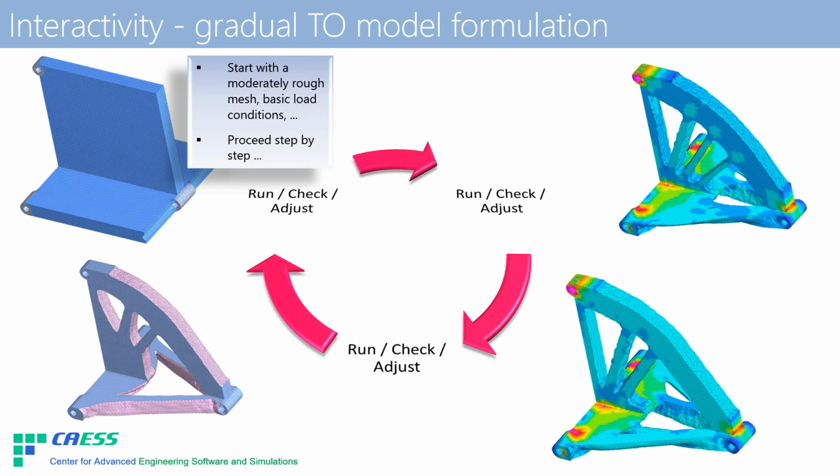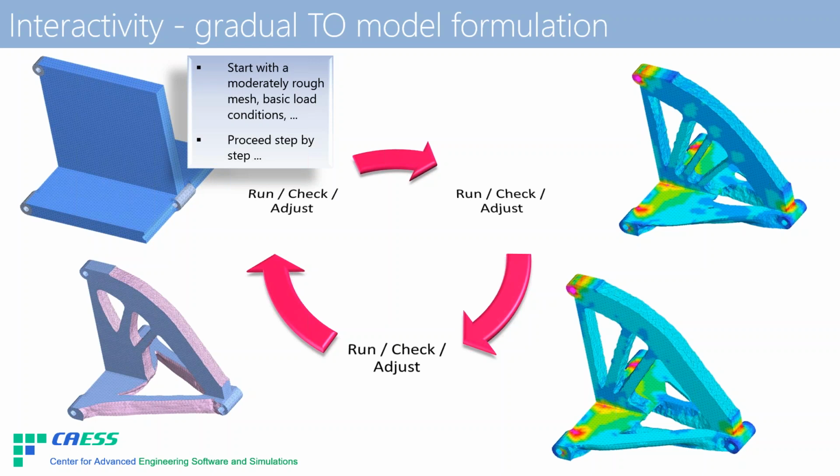Now, unfortunately, a lot of topology optimizers are built in a way that you have to assemble all the objectives, requirements, constraints into one basket, and then you run some black box program, and then you just have to wait for whatever comes out, and if you have to change something, then you have to start all over again.